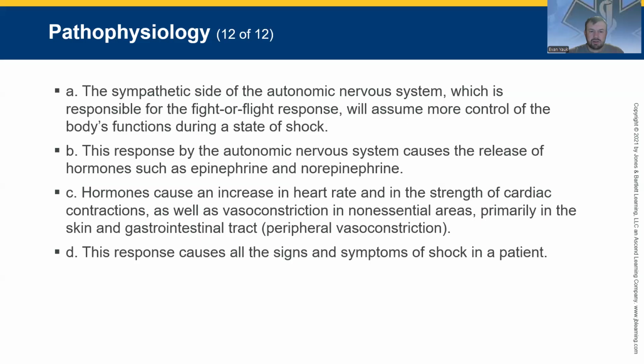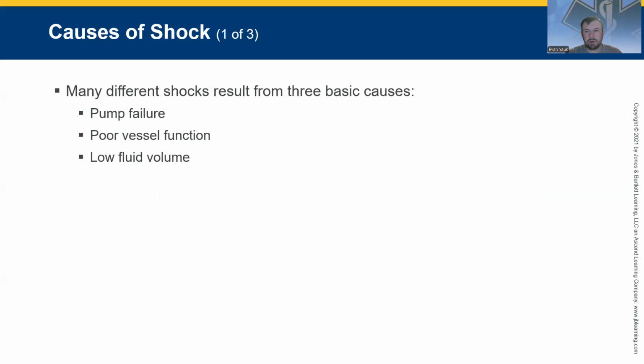Our body notices there's a problem, so it's going to constrict those vessels, release those hormones. Our heart's actually going to speed up and try to beat harder, but it's mainly feeding our core and our brain. You can only do that for so long, though, before other things start slowing down because it gets worn out.